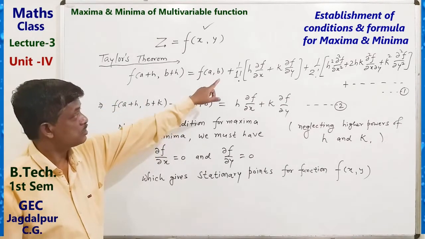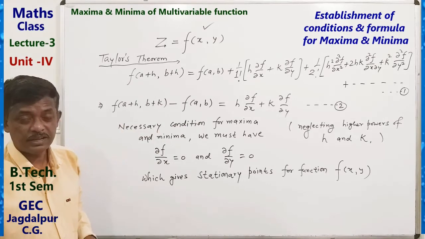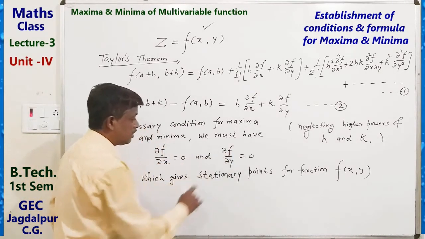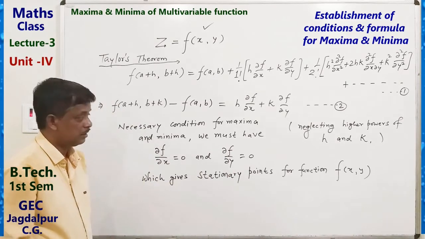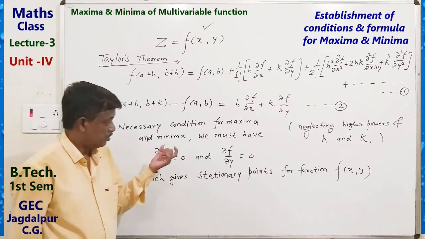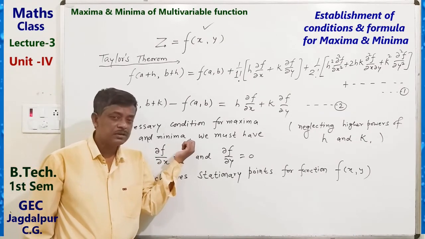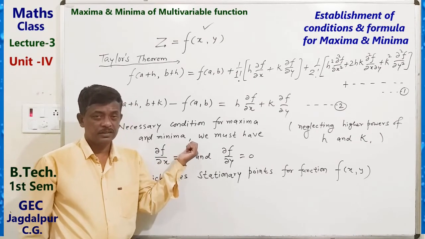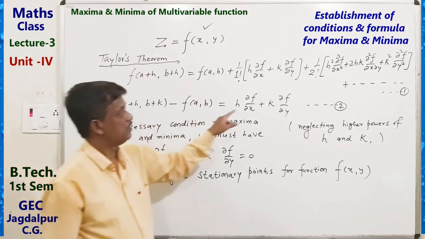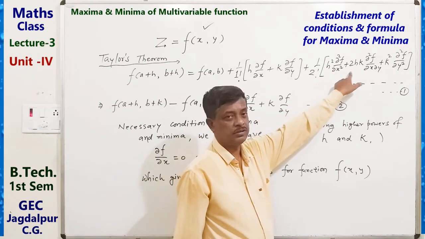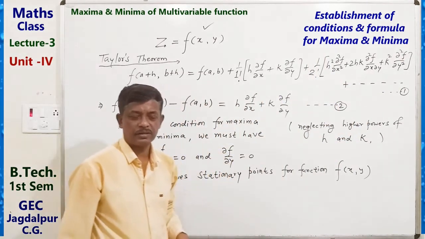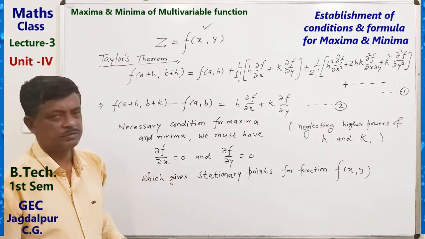we can use equation first. Here we see that this and this are the necessary conditions. If these two conditions are satisfied, then the sign of this quantity will be determined by this quantity, and higher degree terms may be neglected.